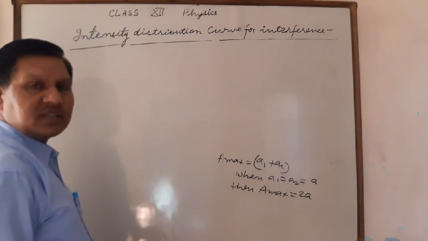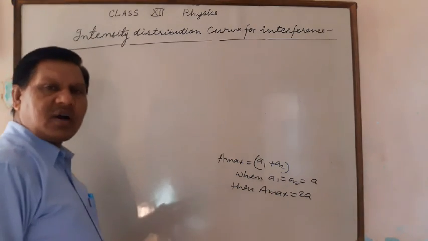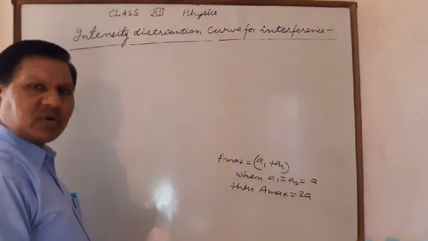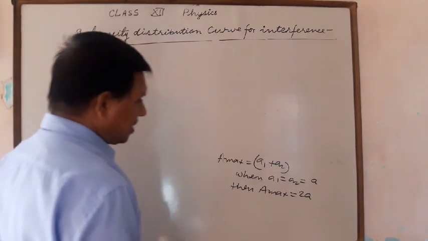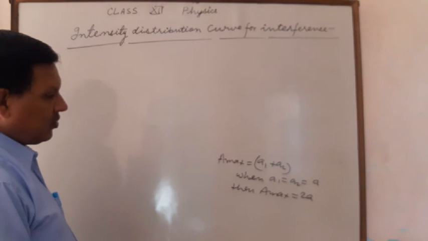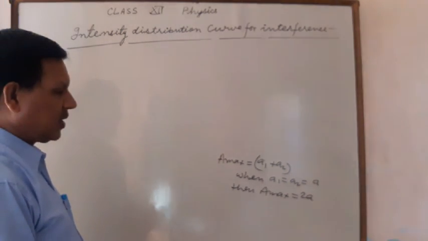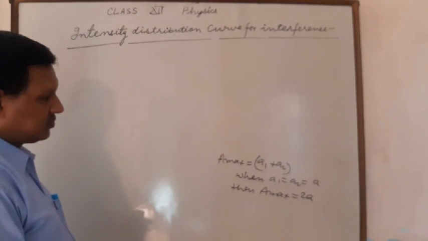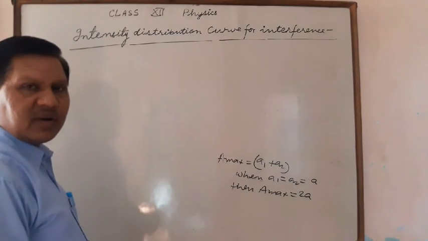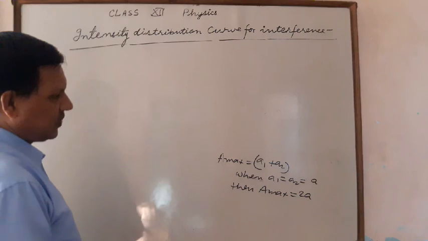So we can say that when two waves of same amplitude superpose, then the amplitude of resultant wave becomes twice the amplitude of any wave, and intensity becomes 4 times.